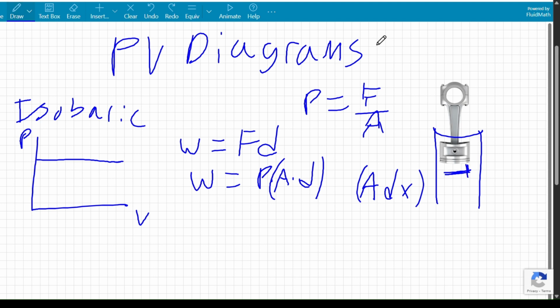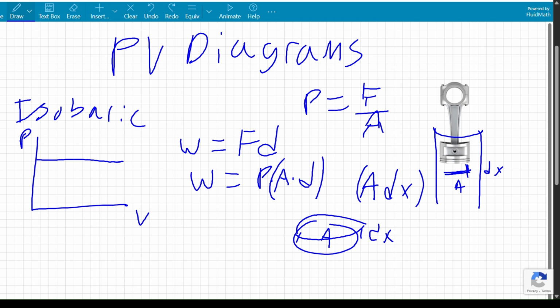So right now we literally have area and then dx, because that's what we're multiplying. And essentially, if we imagine this as the area, and this little thing is dx, we essentially just got a volume, or dV.